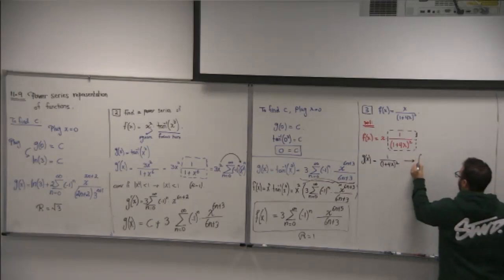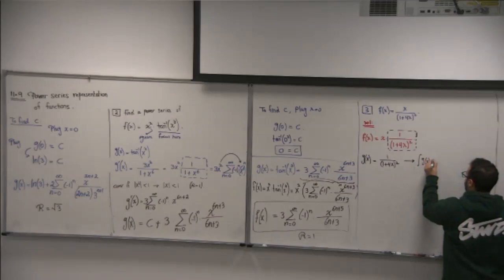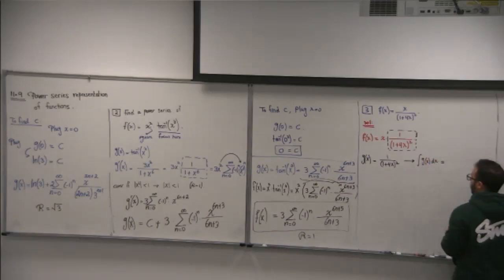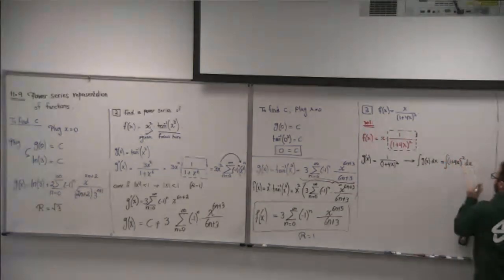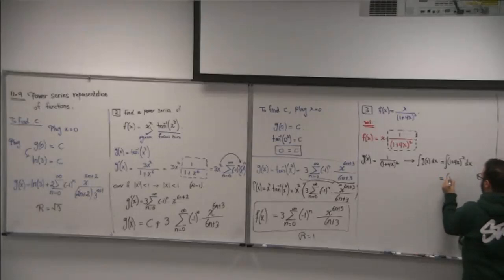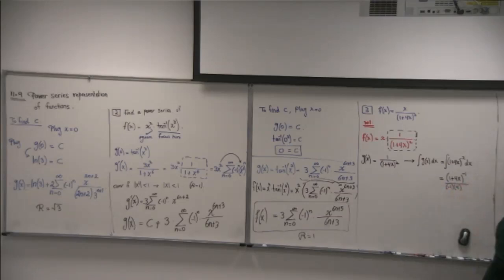So the integration of g of x is what? You're integrating 1 plus 4x power minus 2 dx. So 1 plus 4x power minus 1 over minus 1 multiplied by 4 plus c.